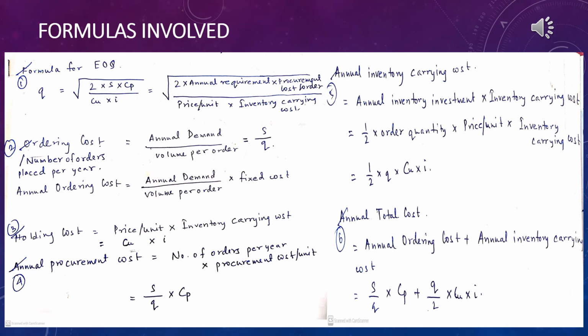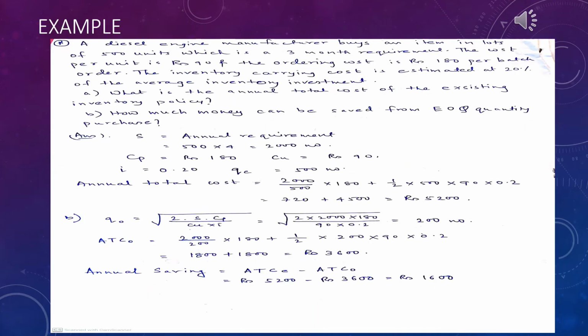Calculating that and taking the root of it, we find the value of the economic ordering quantity to be 400 units.